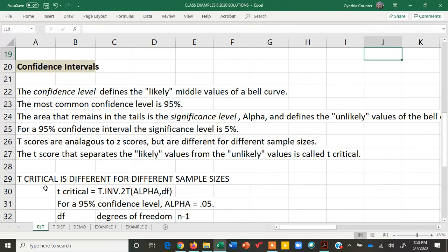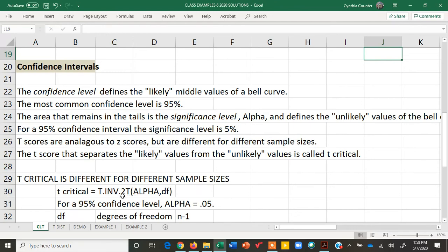I've already explained that T critical is different for different sample sizes. And T critical is found using T.INV.2T. So we're doing an inverse function on the T distribution, because what we're doing is giving it a probability. In this case, that probability is a probability of getting an unlikely sample, which is alpha, or 5%.